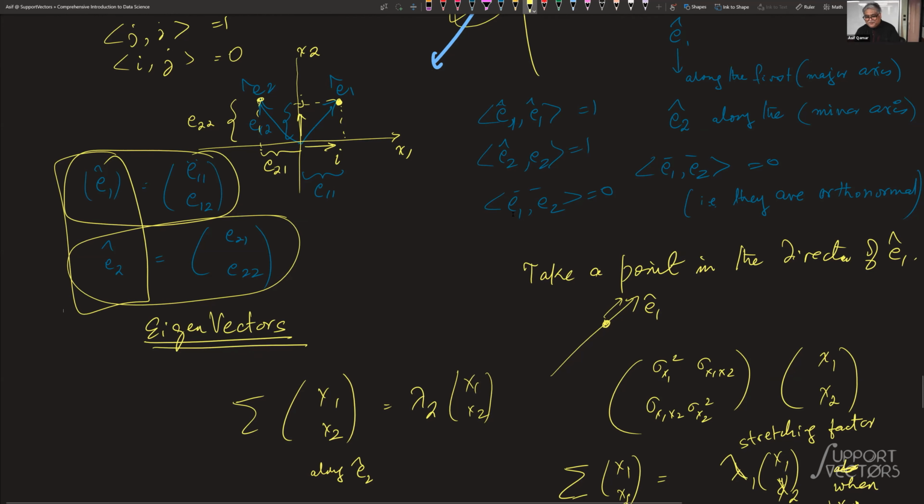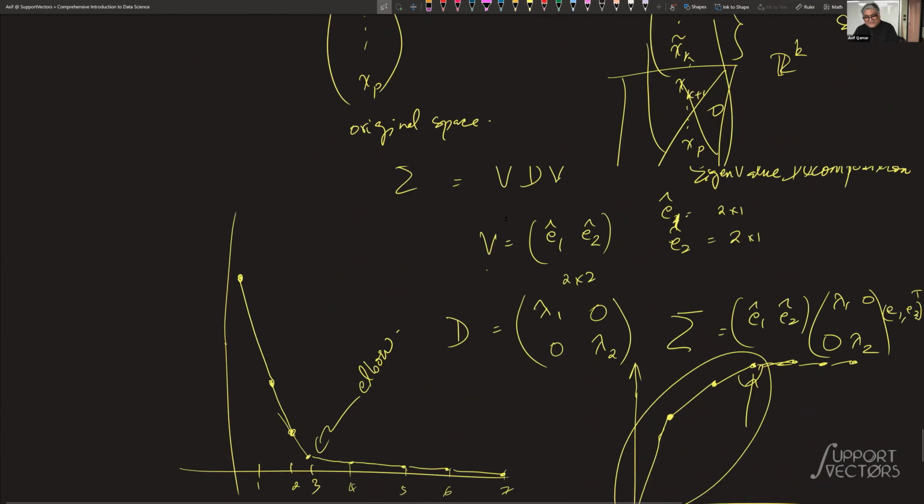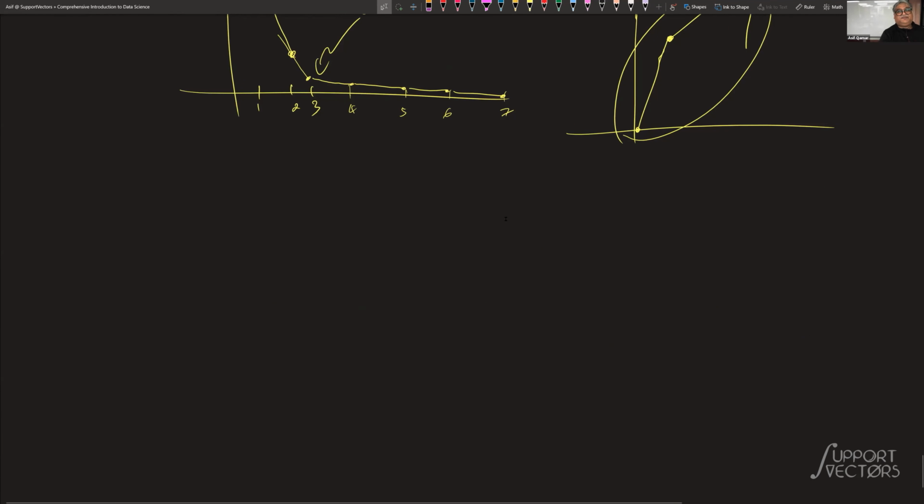So it means that every point in the X1, X2 space can be represented as some value, phi 1,1 X1 plus phi 1,2 X2, right? It can be written like that. Now these are often called the loadings of X1, X2: to get the first principal axis, how relevant was the first feature, how relevant was the second feature, and so forth.